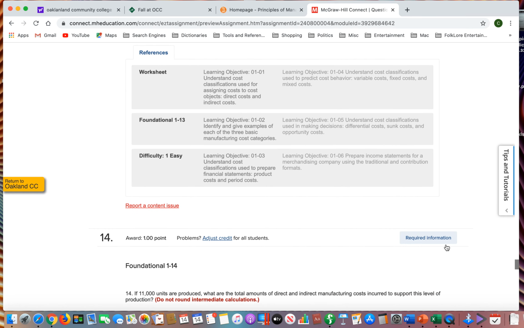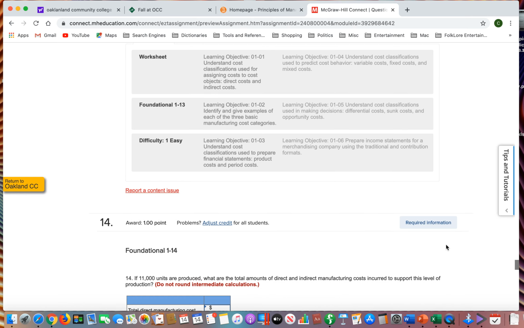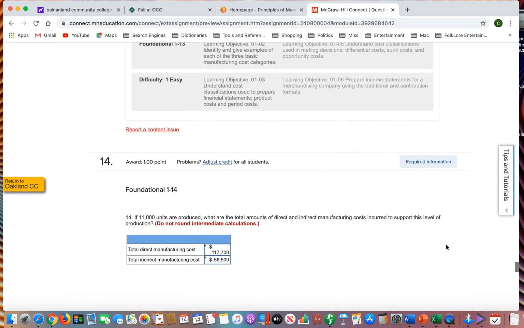If 11,000 units are produced, what are the total amounts of direct and indirect manufacturing costs? Direct and indirect. So all the manufacturing costs. None of the period costs are involved. Well, how do we get that?